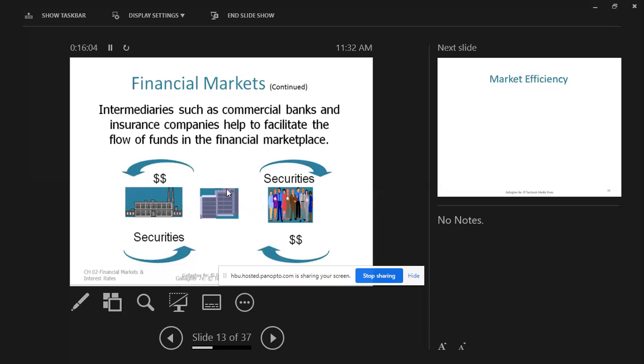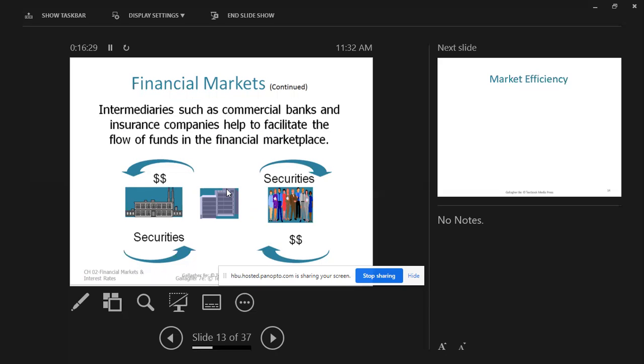As we have mentioned, intermediaries are the third party that facilitates those transactions to help the flow of funds between different economic units.